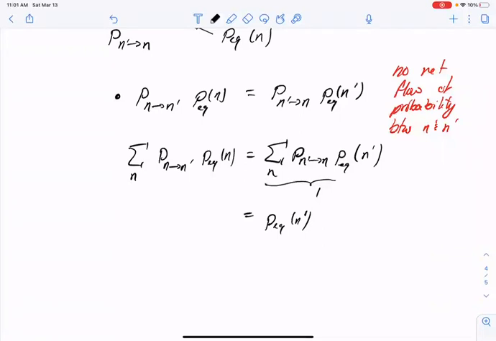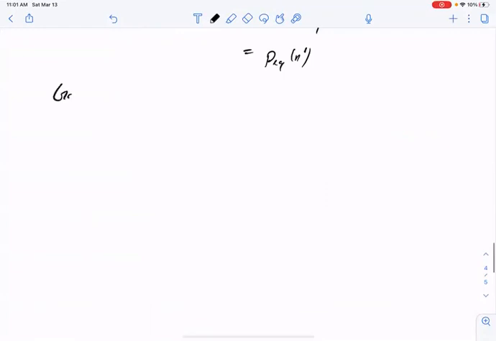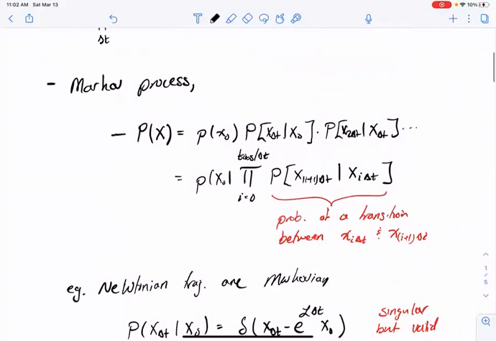So going back to our overdamped Langevin equation, we can note that while we've done this for discrete steps, with that Markovian assumption, if we know the probability of making an update between pairs of states adjacent in time, the total probability of the trajectory is just the product of those individual transition probabilities.